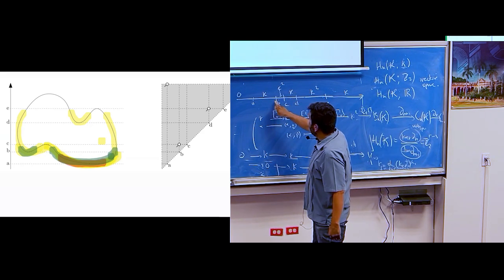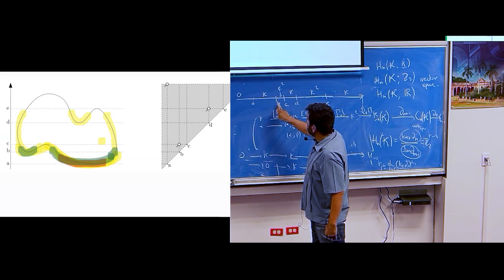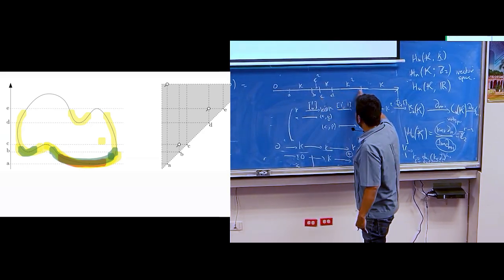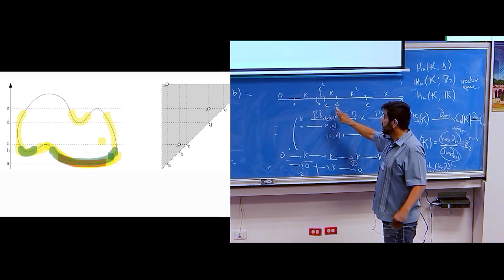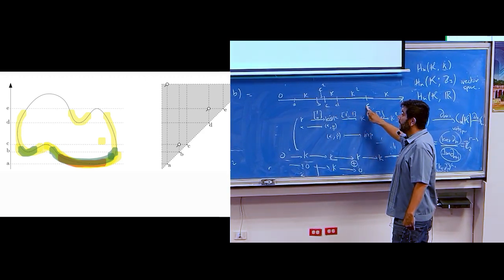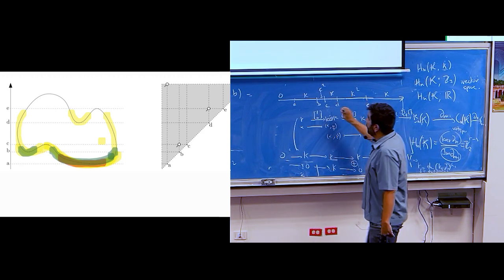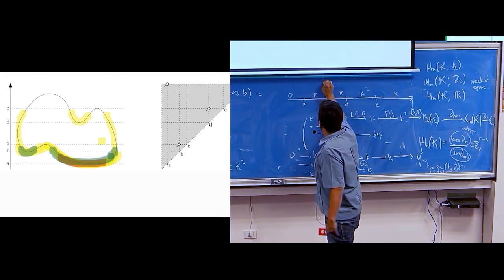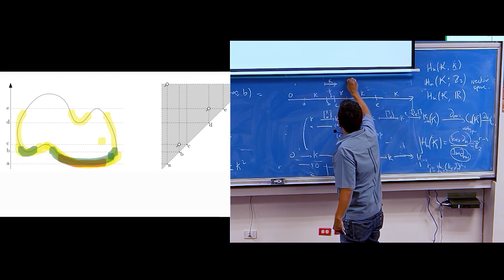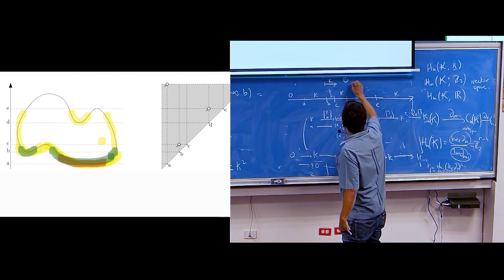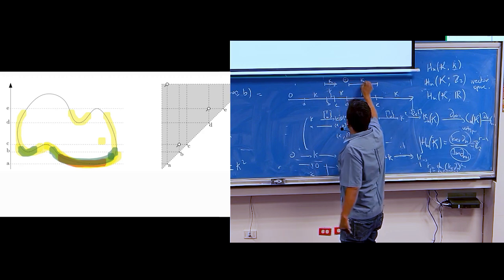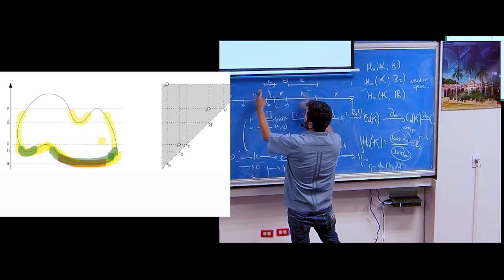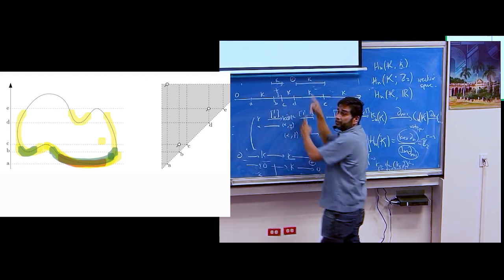So 3 intervals: this long interval with just 1 K, this small interval with just 1 K, and this other interval with just 1 K.